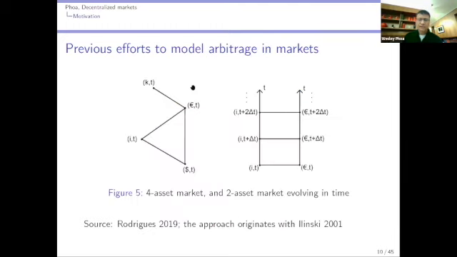And going back a lot further, there've also been previous efforts, starting with Ilinski about 20 years ago, to model arbitrage in markets, basically defining markets in terms of possible exchanges, or a lattice of different assets, that you add a time dimension to the lattice.